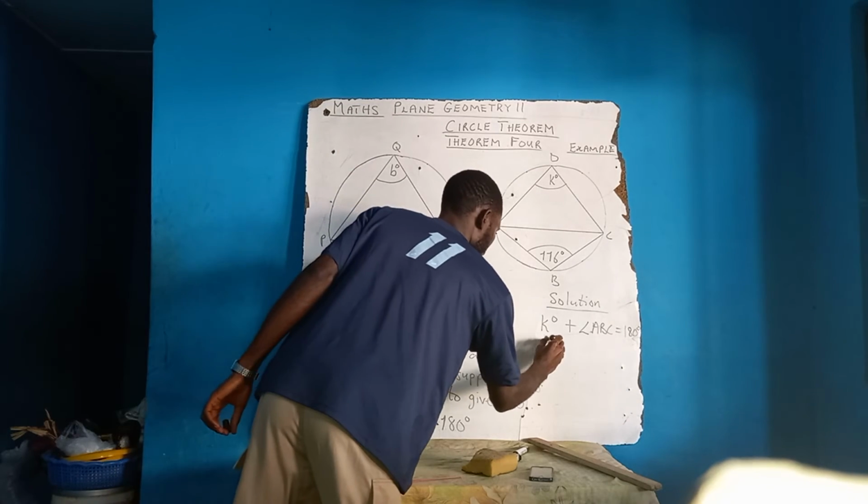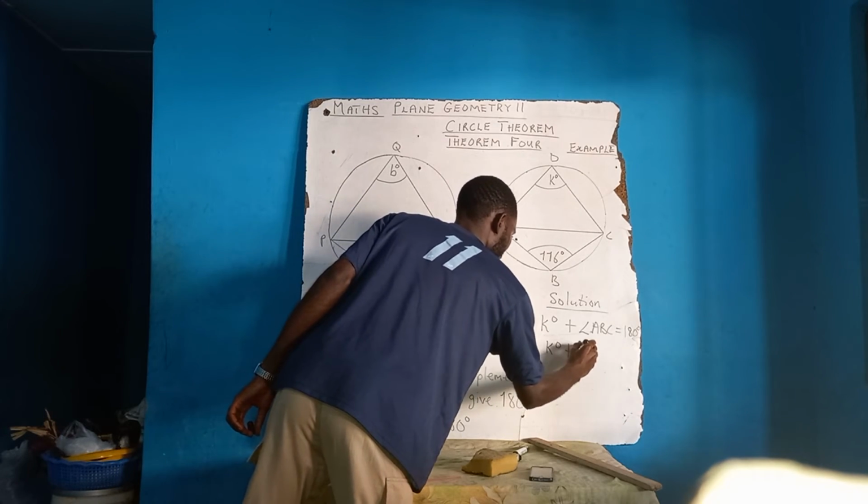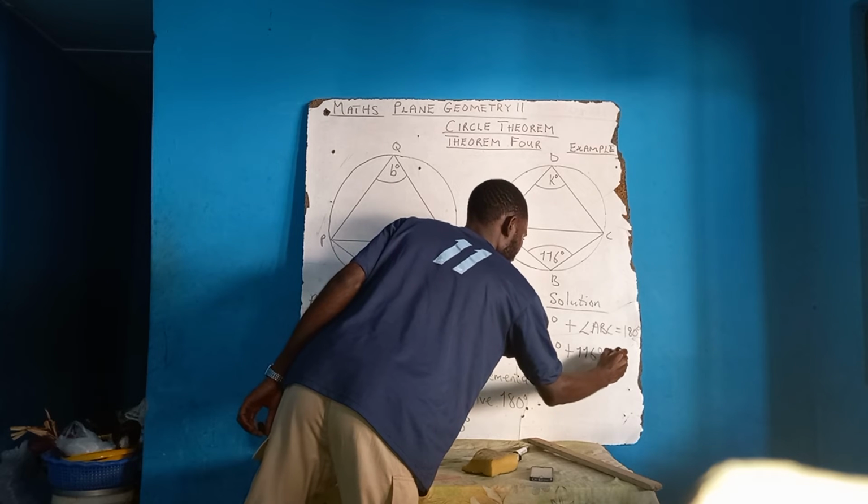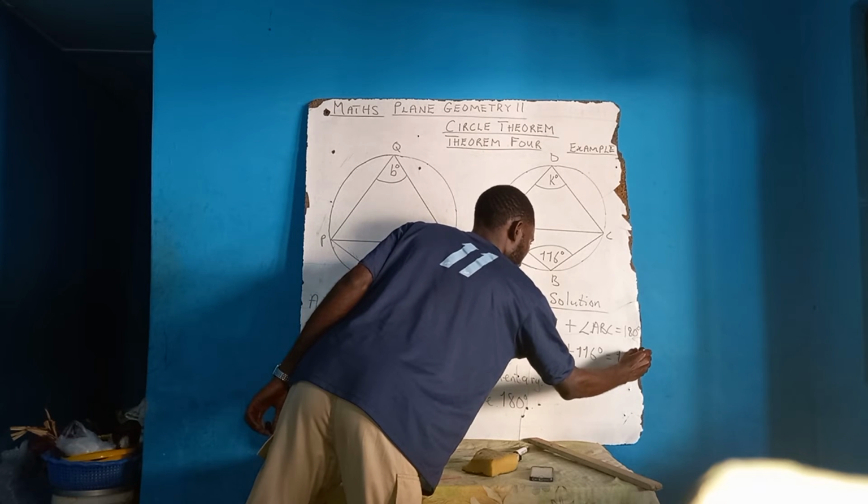So we have K degrees plus 116 degrees is equal to 180 degrees.